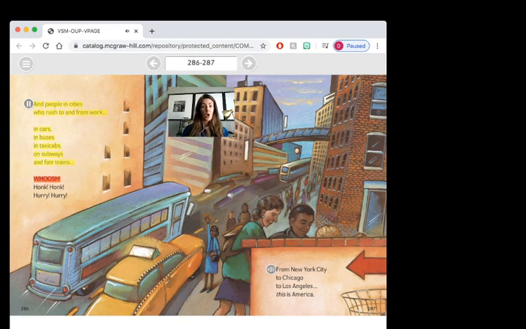Whoosh! Honk honk! Hurry, hurry! Nice job. This is definitely a city. Lots of noise, lots of people, lots of different types of transportation. Like you can see a lot here. I see a subway, I see a bus, I see a taxi cab, people walking.